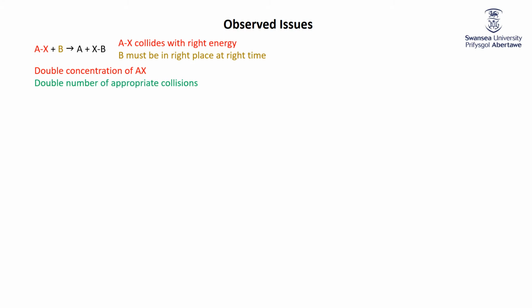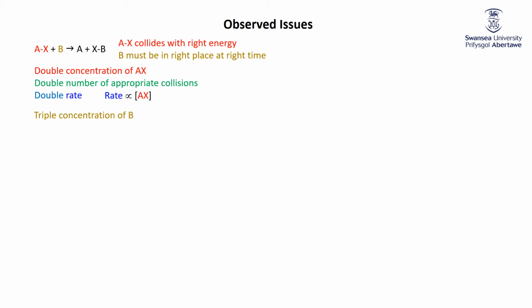If there's twice as many molecules of AX moving around and they're bumping into things, well, then you're going to have twice as many collisions, and you're going to have the same proportion of those collisions that have the right energy, so you'll have twice as many collisions with the right energy, and so that will double the rate. So in other words, we can say, because the reaction first of all relies upon AX having the right collision, the rate must be proportional to the concentration of AX.